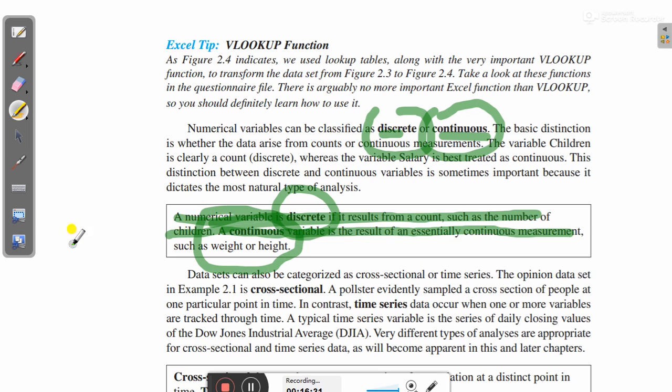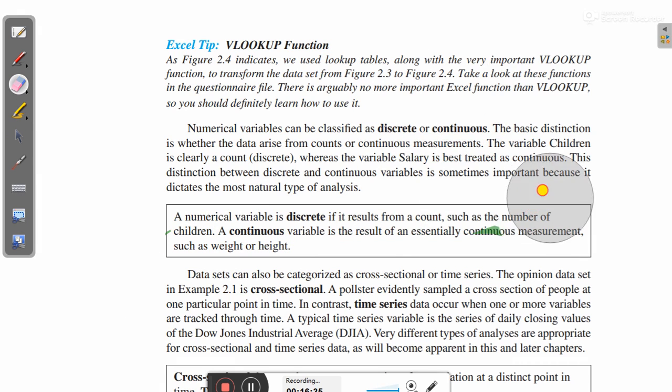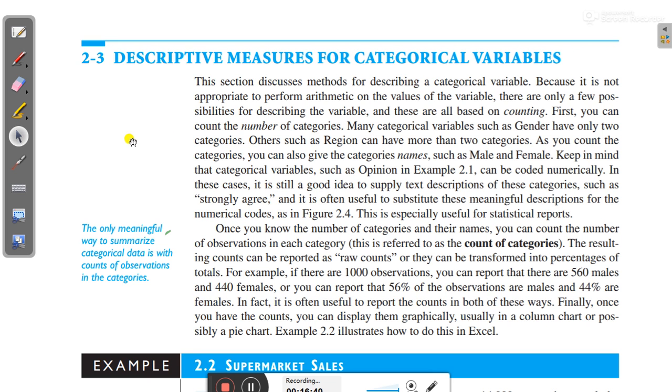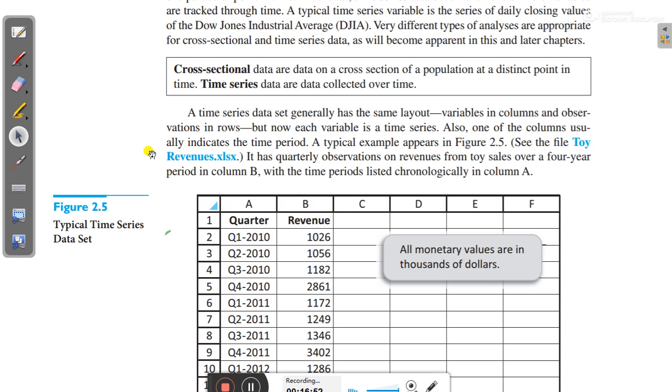In the next video, we are going to discuss more about how we can measure categorical variables and how we can measure numerical variables. And for this video, this is all. Try to go through it, try to go through the related books also.